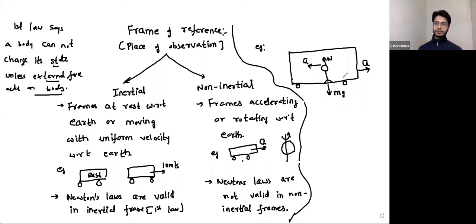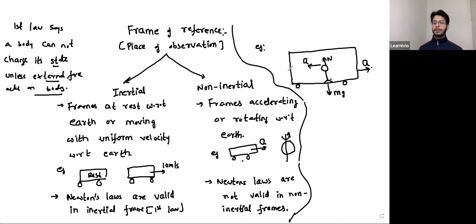I take a bus with a passenger standing in it. The bus starts accelerating in the forward direction, and the man standing in the bus will experience a push in the backward direction.